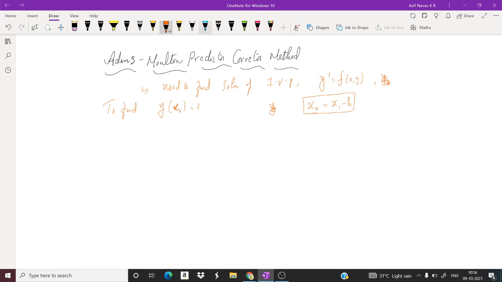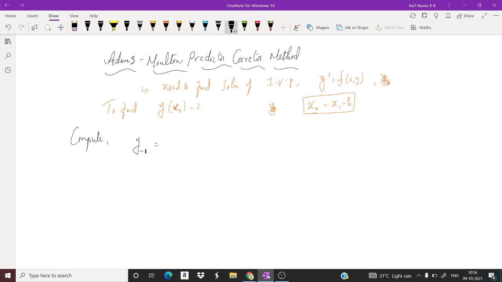Now we will compute the values of y minus 1, y minus 2 and y minus 3.